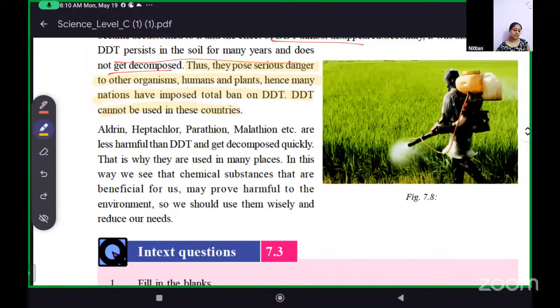That is why they are used in many places. In this way, we see that the chemical substances that are beneficial for us may prove harmful to the environment, so we should use them wisely and reduce our needs.